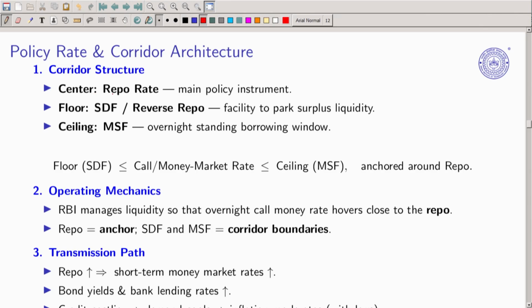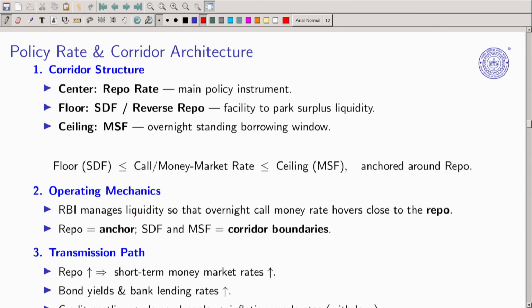At the center we have the repo rate, the floor is the SDF, which is the facility to park surplus liquidity. MSF is the overnight standing borrowing window, but it is higher than the repo rate, normally 1% higher. So this is how it goes.